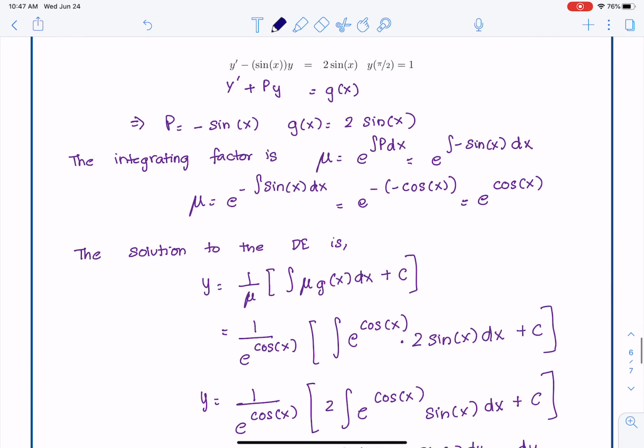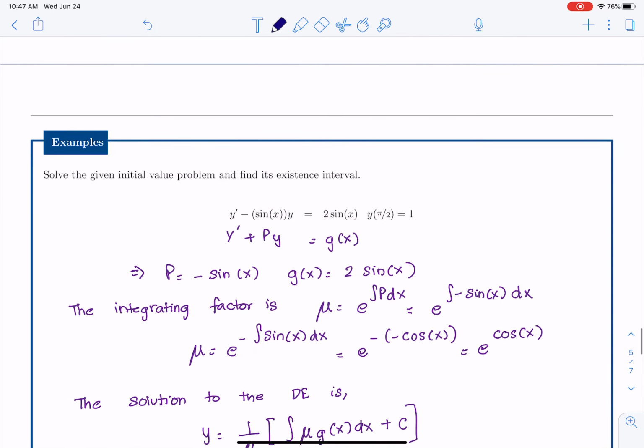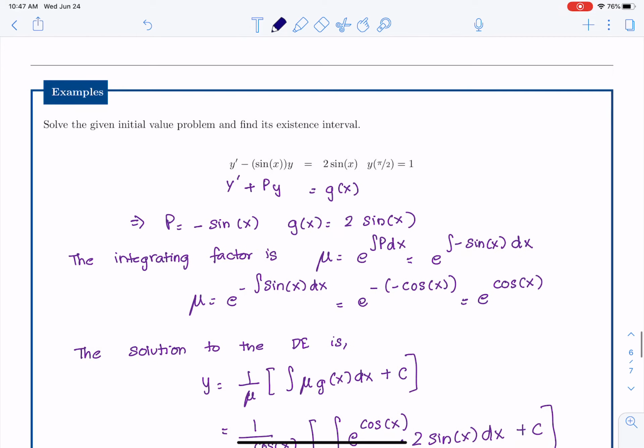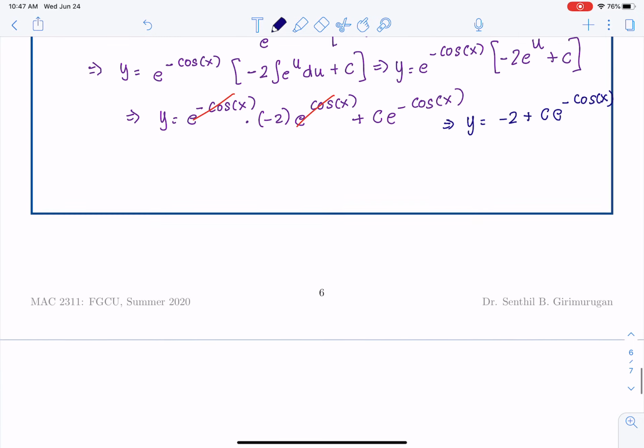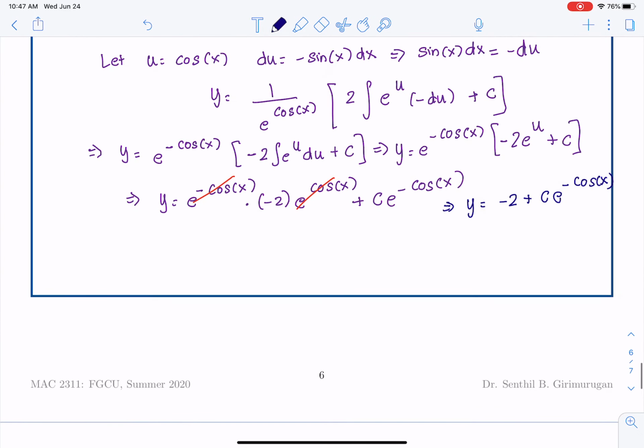We do have an initial condition, which is when x is pi over 2, y is 1. So plug in pi over 2 for x. So 1 would equal negative 2 plus c times e raised negative cosine pi over 2.